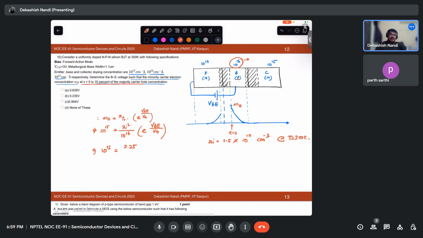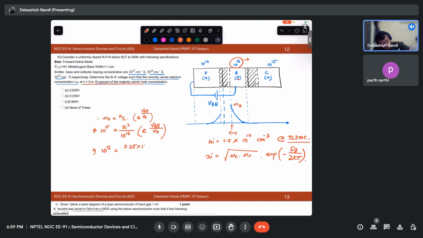Remember that Ni is a very strong function of temperature. Your Ni is what? Square root of NC NV exponential minus Eg over 2kT. Remember that? So it is very important, whenever you are using Ni, to mention the temperature at which you are computing it.